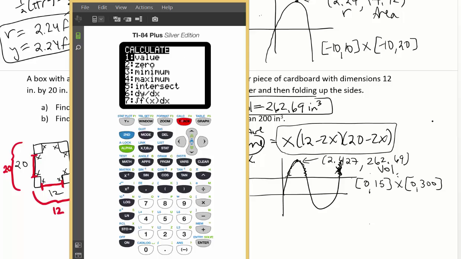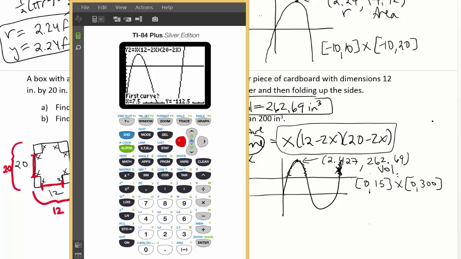If I do second trace to get to calc, and I do option 5 for intersect, then I can find each of these intersection points. The first one would be at about 1.17, and I'll write these down in a minute.